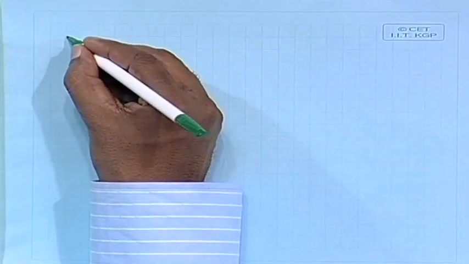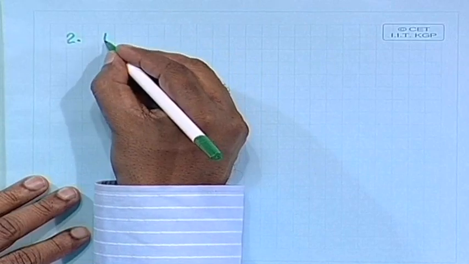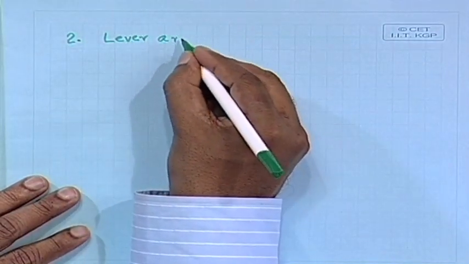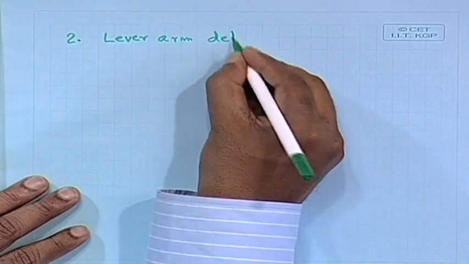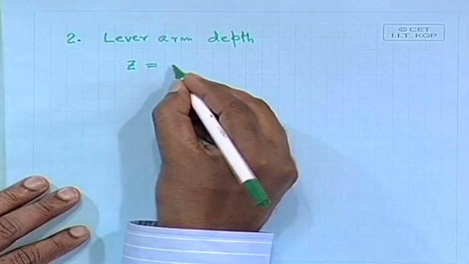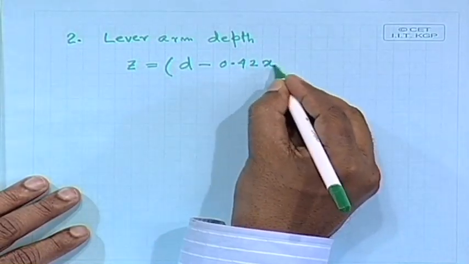Number 2, lever arm depth. Z equal to D minus 0.42 x.